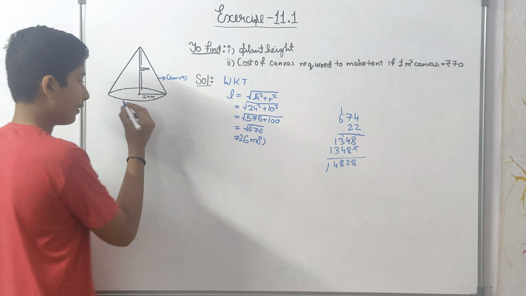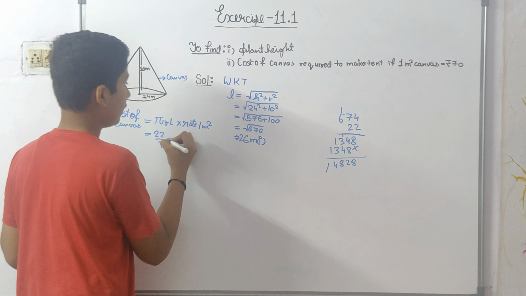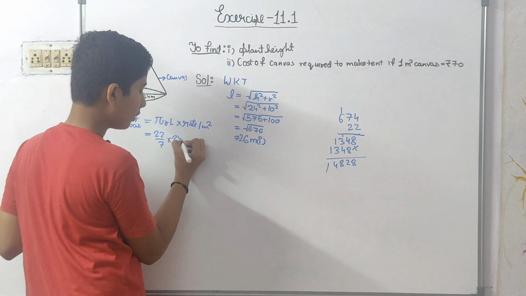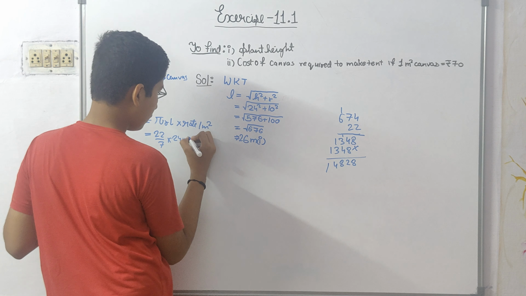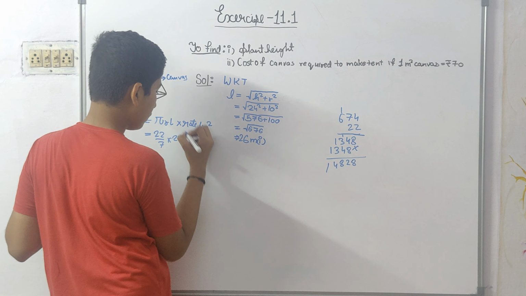Pi RL means 22 by 7 into radius 24 into L 26, into the rate per meter square, which is 70. This would be 10. This into this would be 624 into 22.